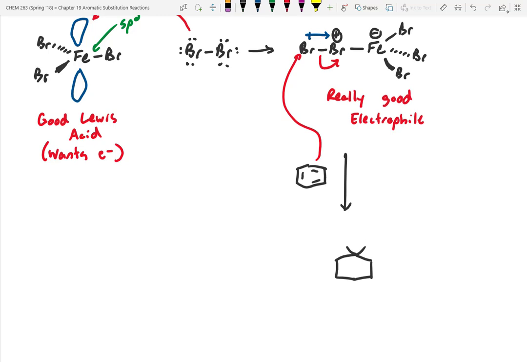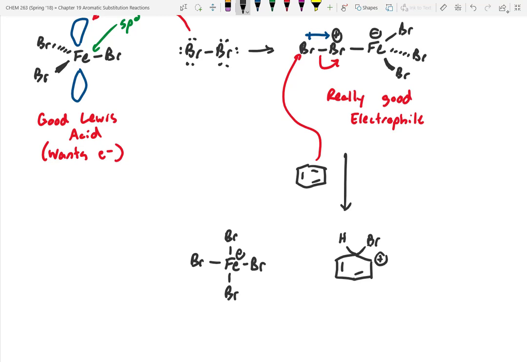So we'll have a bromine here, we'll have a hydrogen here, have a positive charge on one of these carbons. And you can draw all of the resonance structures if you want. However, just for the sake of time, we're not going to worry about it right now. And then the other product that we get is the iron with 4 bromines on it.